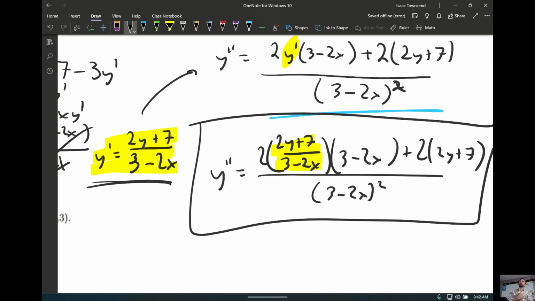So second derivatives are always harder to deal with, obviously. But to start off, it was implicit. Within implicit, there was product rule. After we got the first derivative, we had to take the second derivative, which used quotient rule.